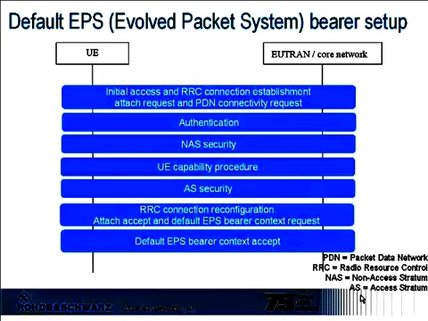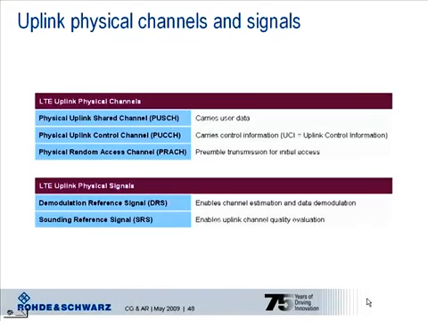As shown, tasks like the initial access procedure have to be passed first, further RRC connection establishment, attach request and PDN connectivity request, authentication and non-access stratum security procedure, checking the UE capabilities, access stratum security, RRC connection reconfiguration, attach accept with default EPS bearer context request, and as a last step, the default EPS bearer context accept.